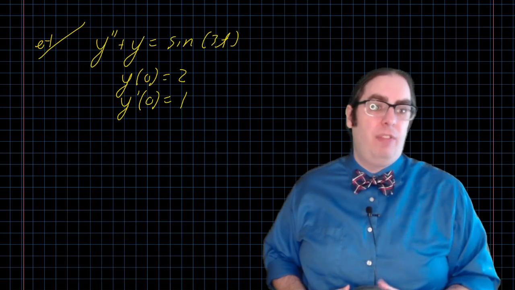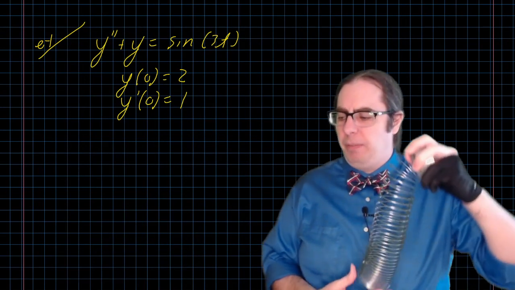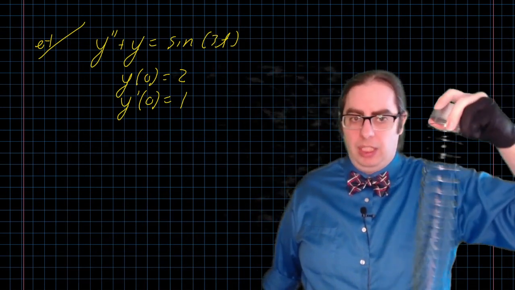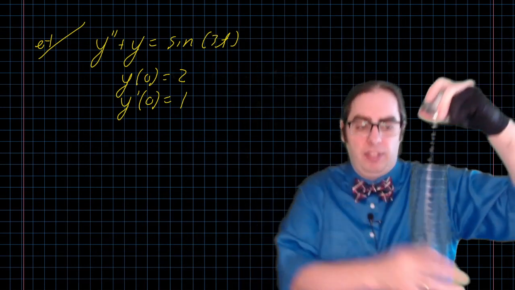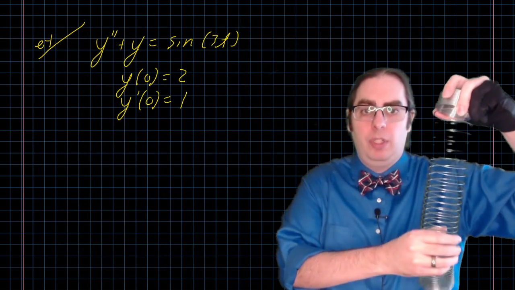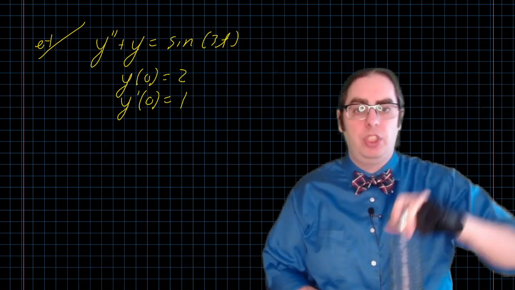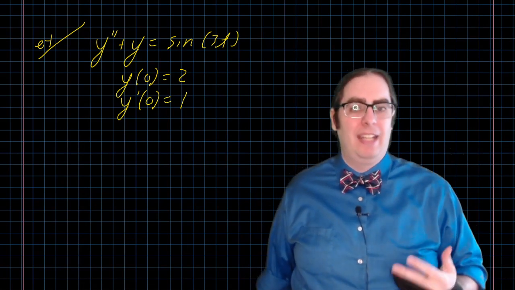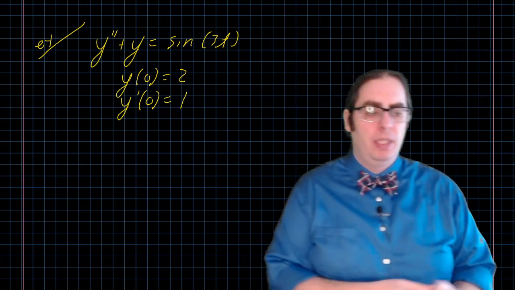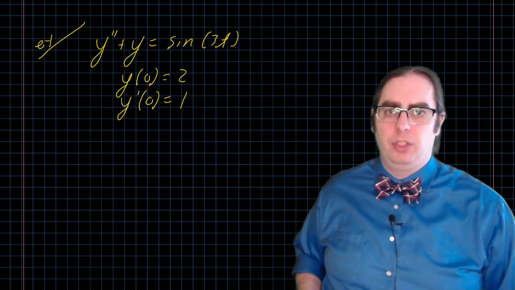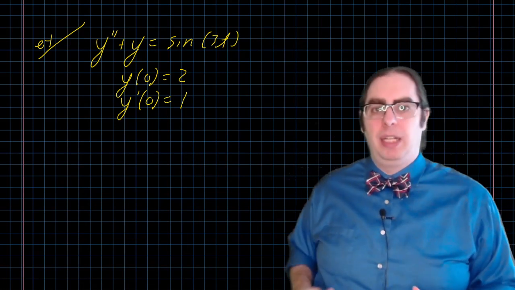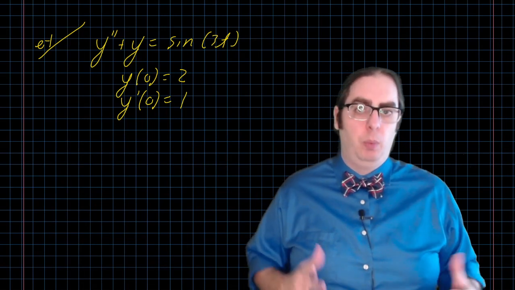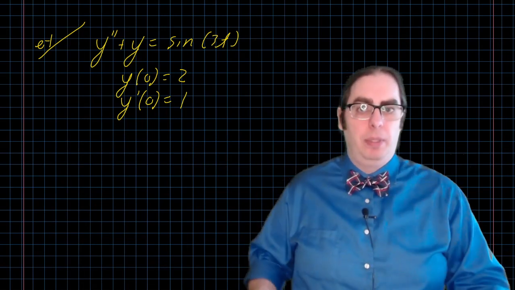In the case of the driven spring, generally the picture that I tend to think of is the spring is in motion, it is shaking, and we're taking a snapshot at some point in time, and we're looking at what its position and speed are at that point in time, and we're calling that our starting point. All right, so a different way of interpreting the initial condition, but still the same idea. What does the spring look like it's doing, its position and its speed when we start, and can we use that to build out from there?